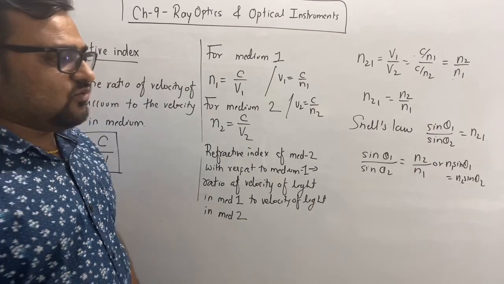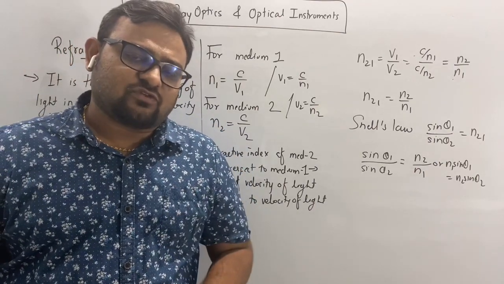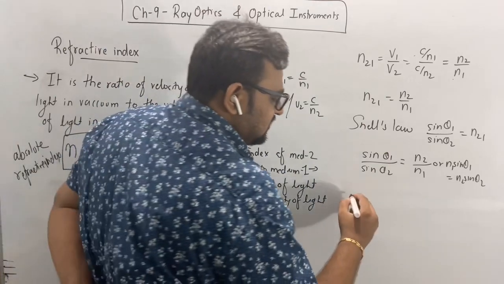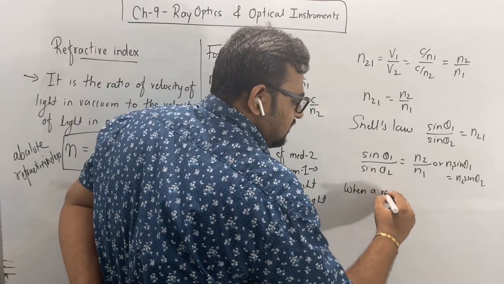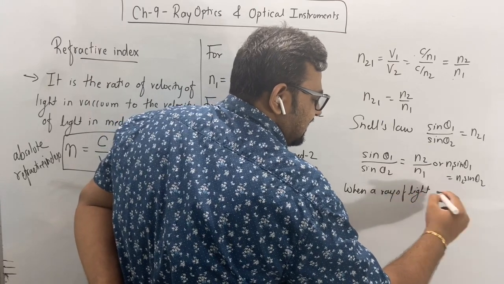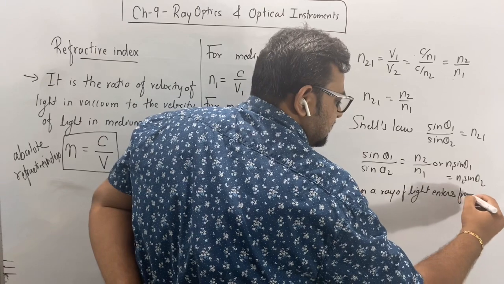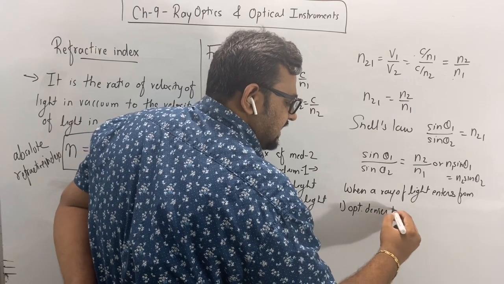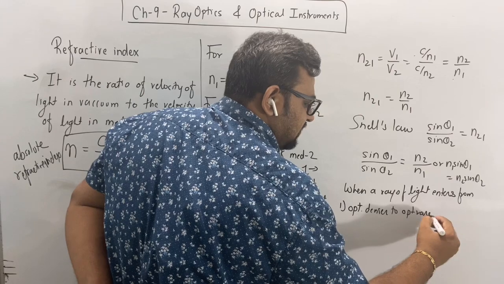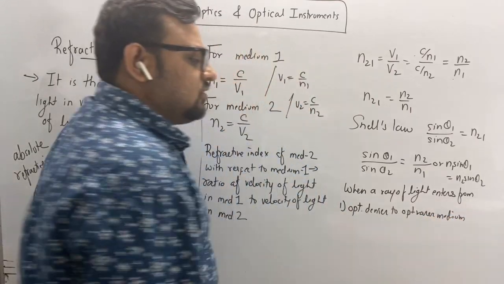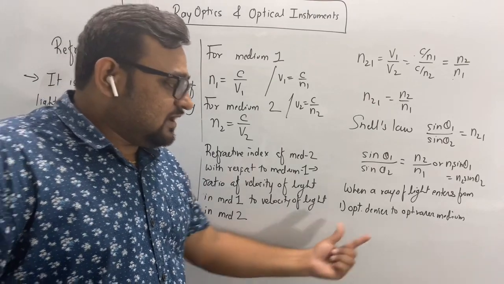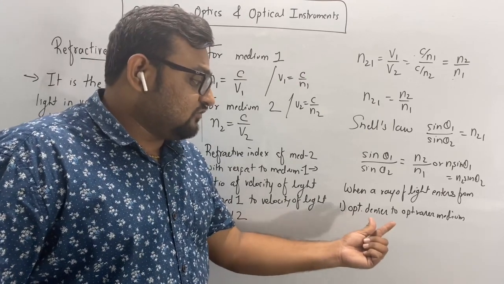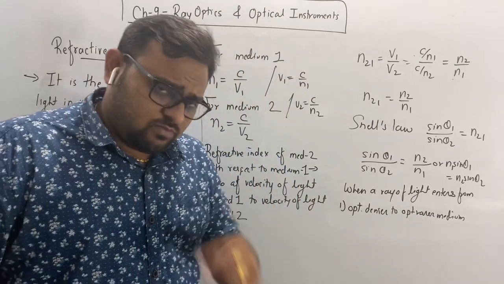Now see, when a ray of light enters from optically denser to optically rarer medium, that means it is going from higher refractive index to lower refractive index.